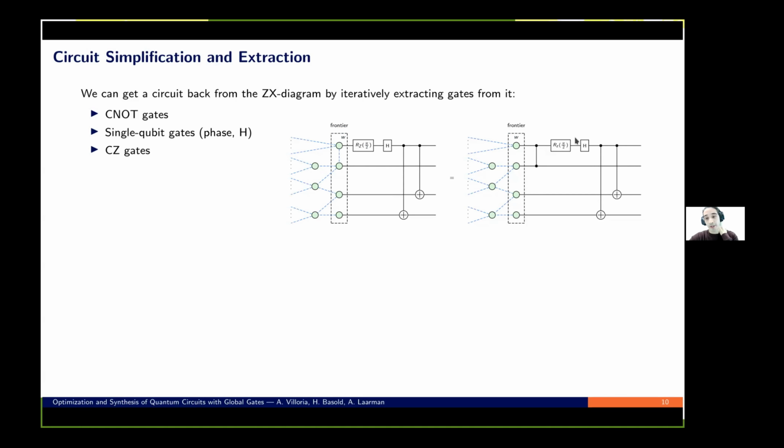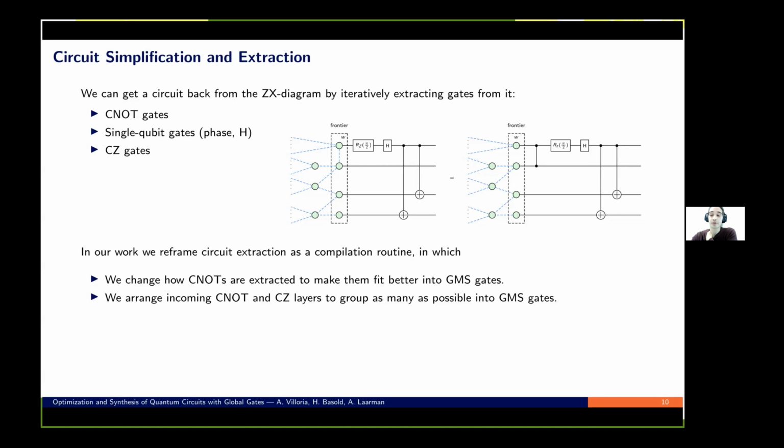So we do two things. We're going to be changing how the CNOTs are extracted, so they can fit better into GMS gates, because not every CNOT subcircuit can be compiled as a single global gate. So the idea would be to extract subcircuits of CNOT gates that can be compiled as a whole with one global gate, and then continue the extraction from there on.